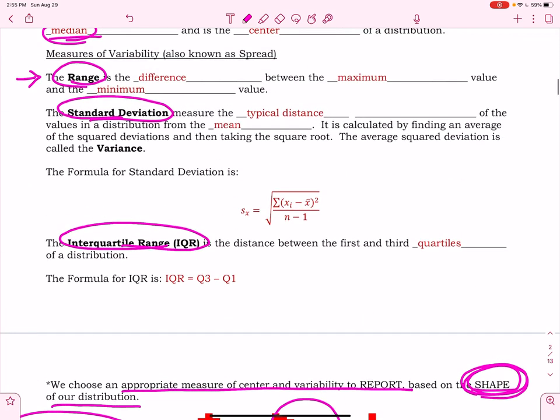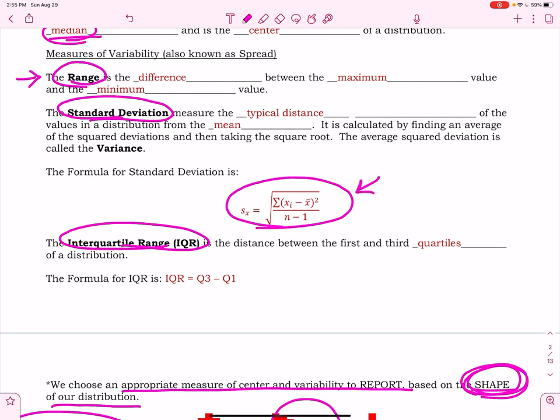All right, so I want you to notice that this is the formula for standard deviation. You're never going to have to use this, and I'm never going to make you memorize it. It's going to be on your formula chart. Notice that it is a formula, therefore it is a calculation. That means regardless of how spread out your data is, you are going to be calculating each value's distance from the mean and calculating this standard deviation.